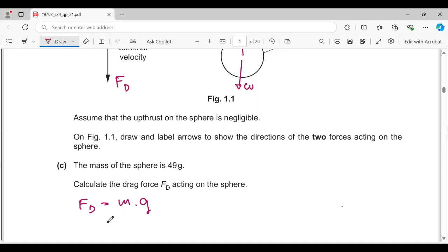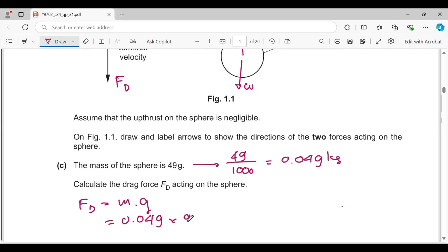It becomes 0.049 because this is in grams, so you have to convert to kilograms: 49 over 1000 is 0.049 kg.